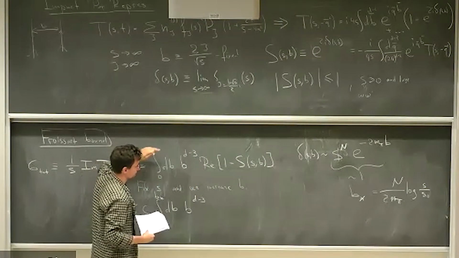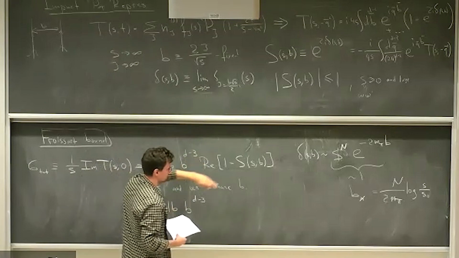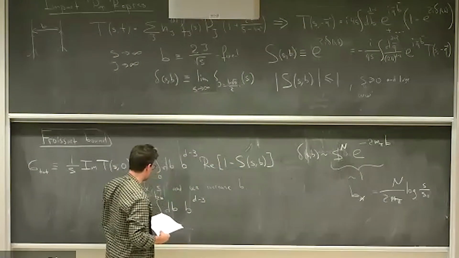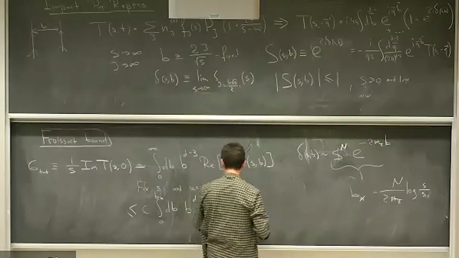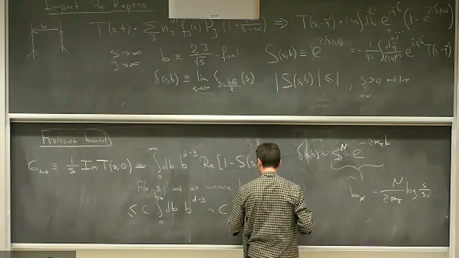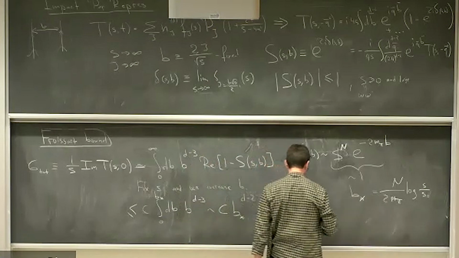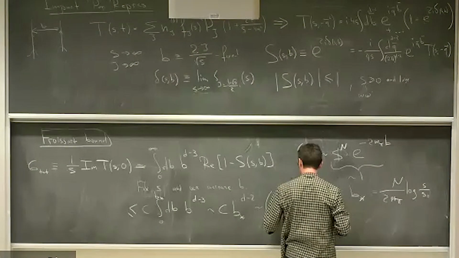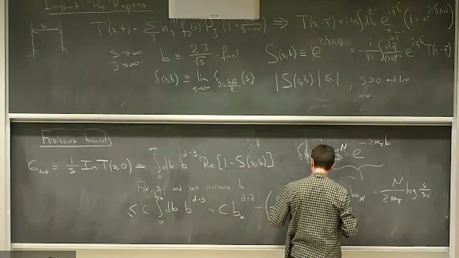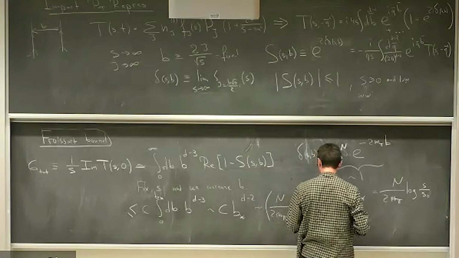And at large impact parameter, it gets killed by the Yukawa potential. So we get this integral, and this is b star minus 2, which goes like log s over s naught.